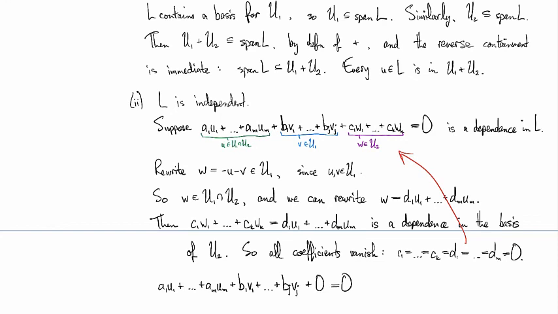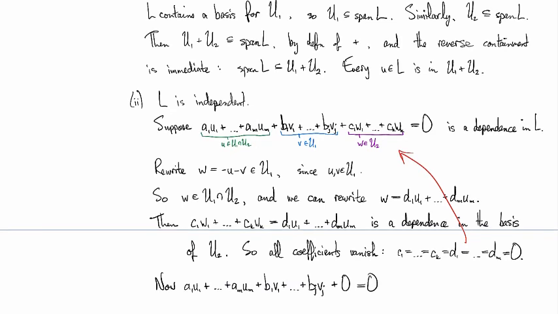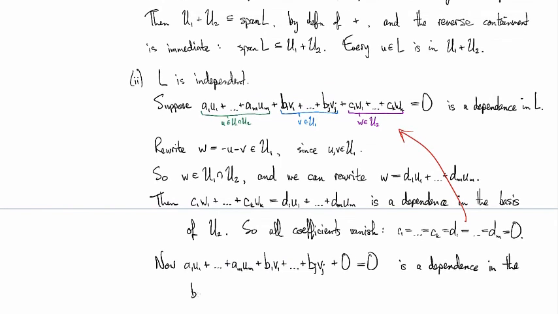So now this guy here is a dependence relation in a basis of U1.